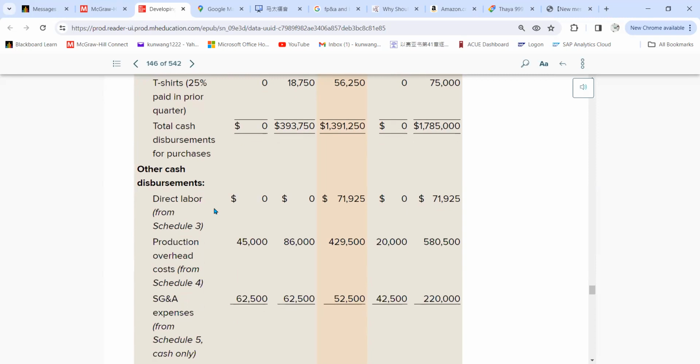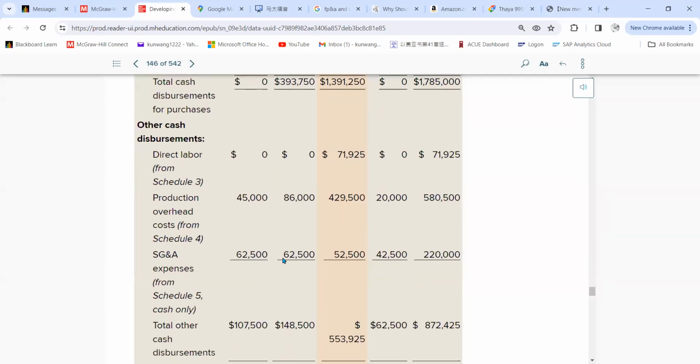And the other cash disbursements: labor is all paid in the third quarter from the direct labor budget. Production overhead from Schedule 4, in this case we simplified. We are assuming all of the cash payments are made in the same quarter when the overhead is incurred, so it's the same as your overhead budget.